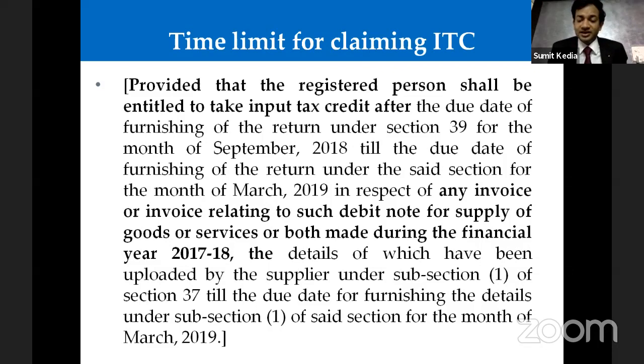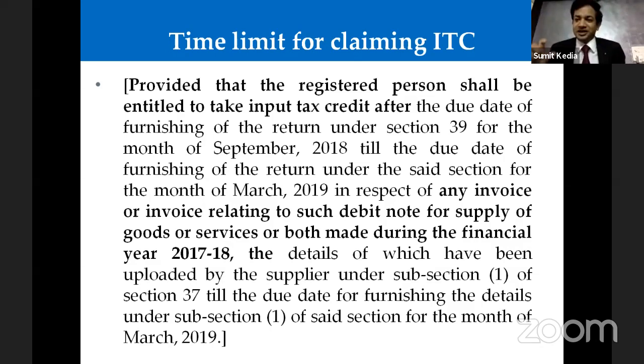But if you see here, I've highlighted one line. In the middle of the para, any invoice or debit note relating to such supply of goods or services made during the financial year. My previous slide said with reference to invoice. Here it is saying with respect to the supply of goods or services.